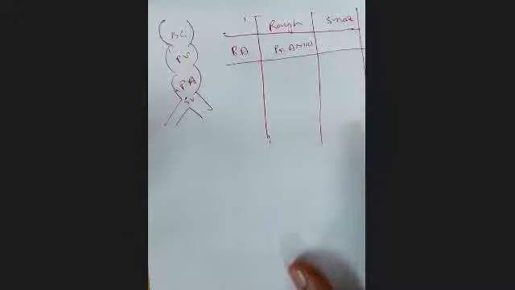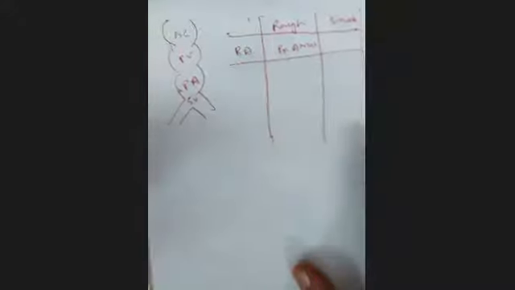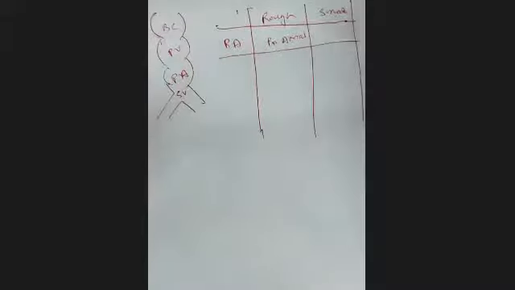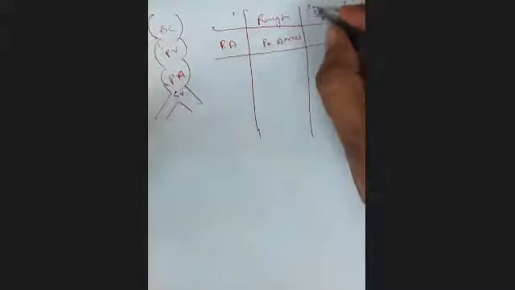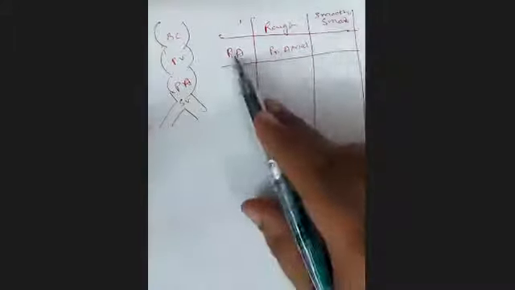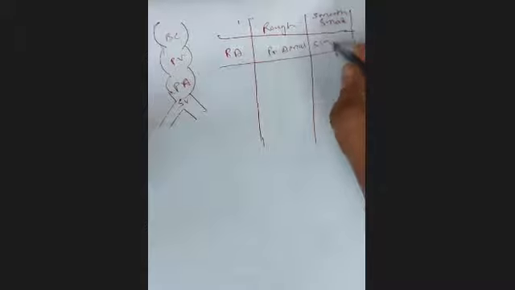So the rough parts of the atria and ventricles develop from the primitive chambers. And what about the smooth part? The smooth part of the right atrium develops from the sinus venosus.